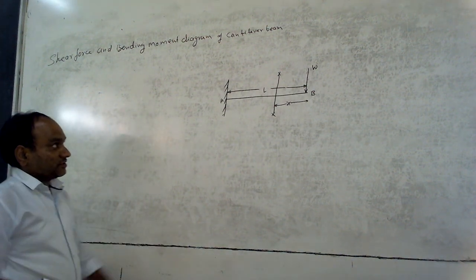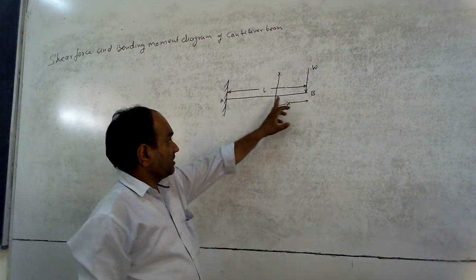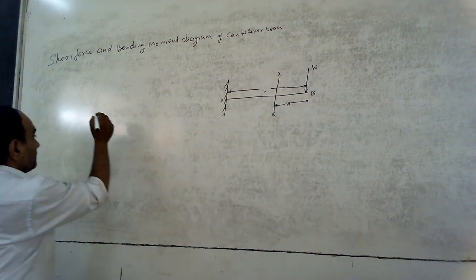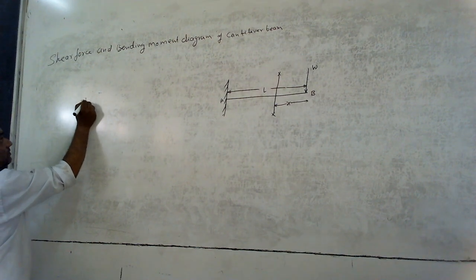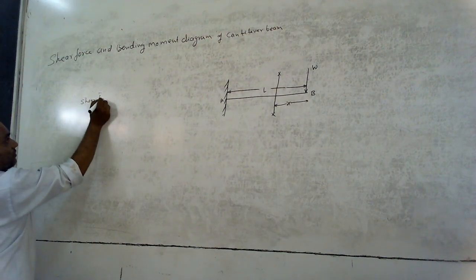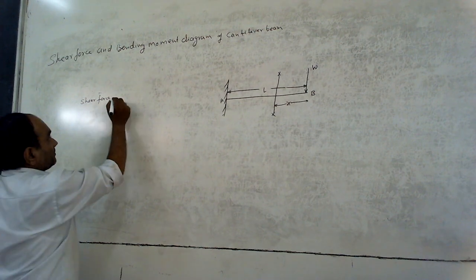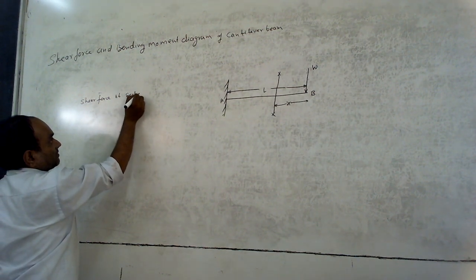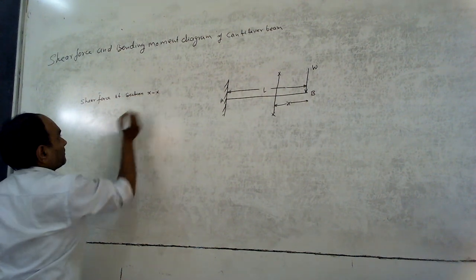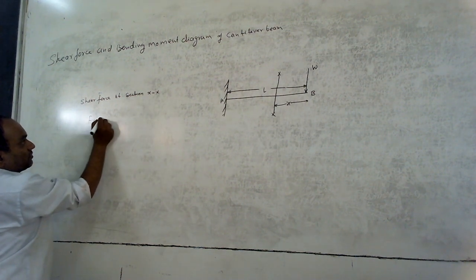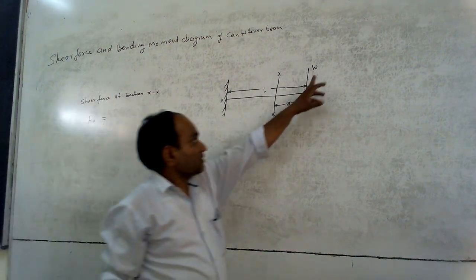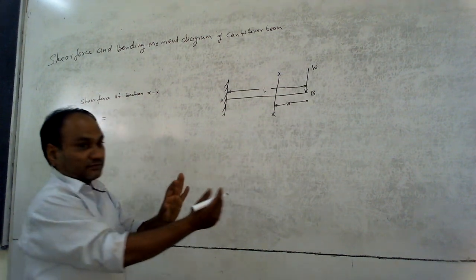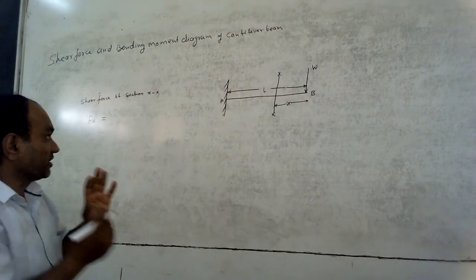The shear force of this beam at the section between XX and B, the shear force at section XX, Fx equal to W, is a constant. A downward force to the right side of the section is taken as negative.